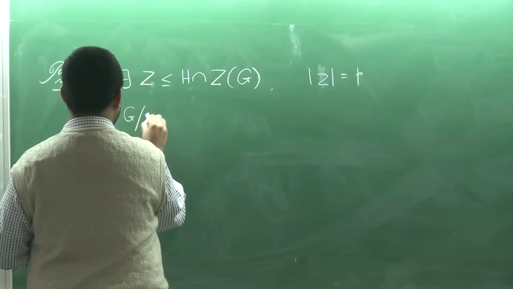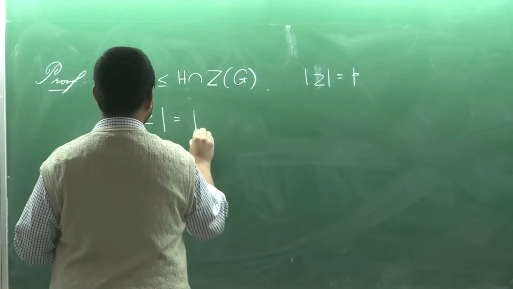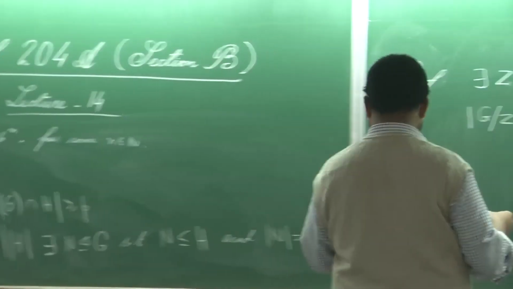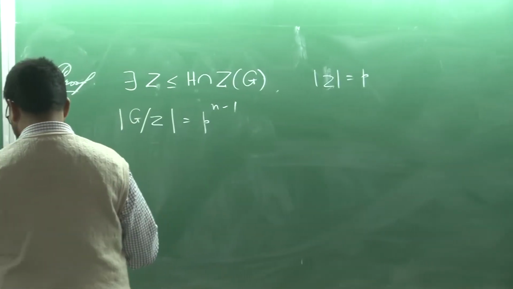Now, let us consider the order of the factor group. This is certainly p to the power n minus 1, because Z has order P, and we use the induction hypothesis.